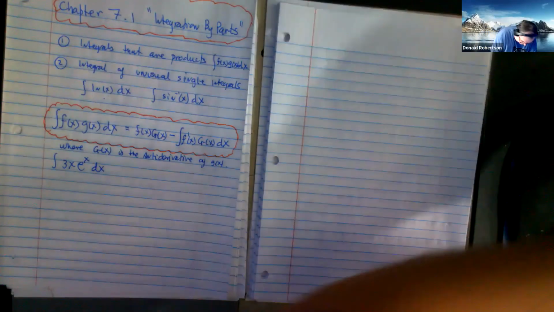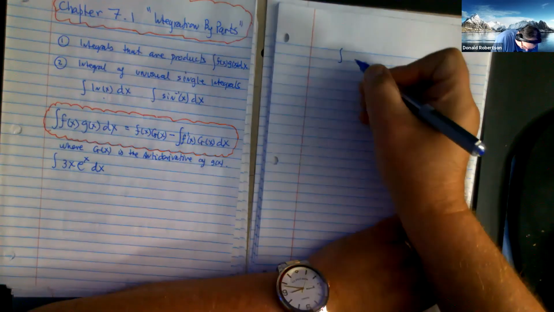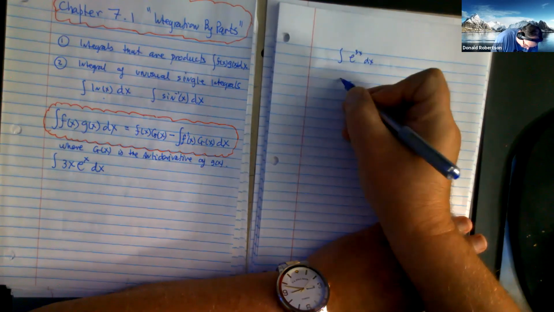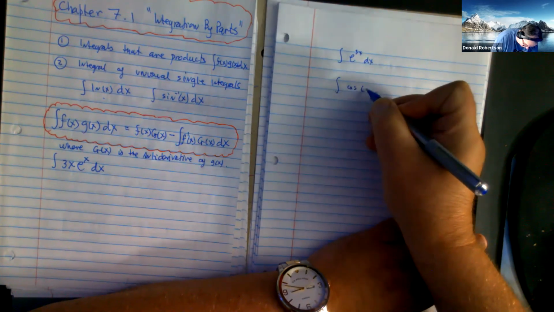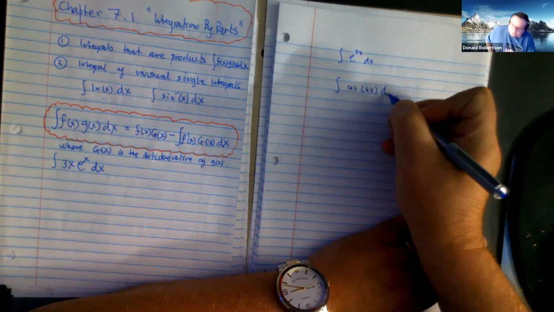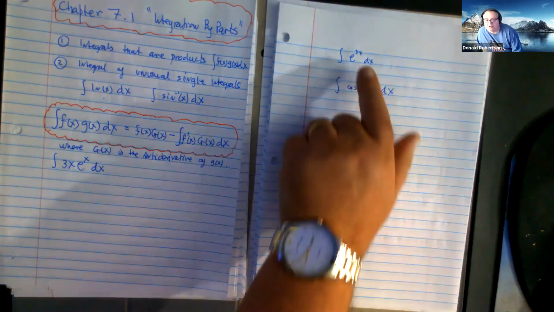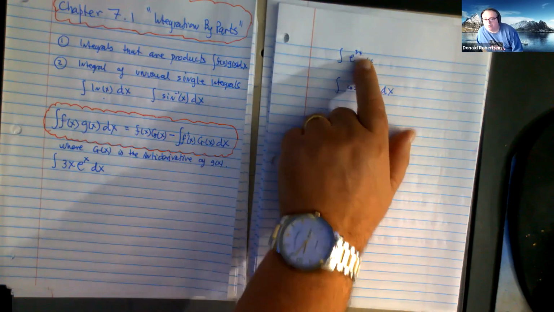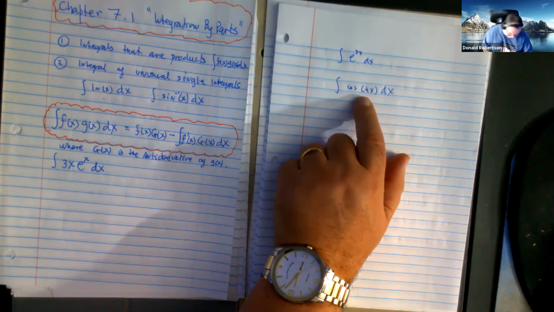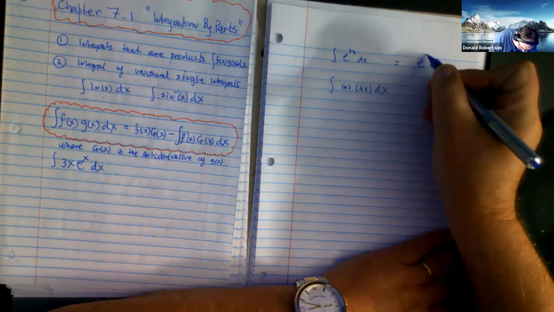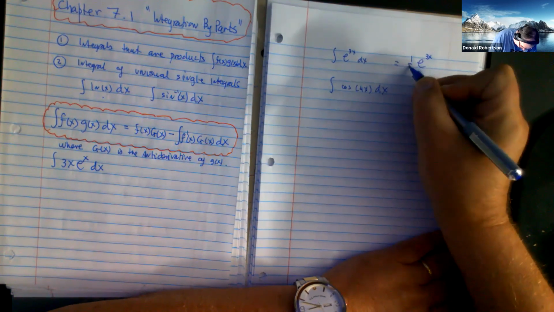You are going to have to integrate things like this. There's a good chance that it won't be e to the x, it'll be e to the 3x. It won't be cosine x, it'll be cosine 4x. E to the 3x is e to the 3x with a third.